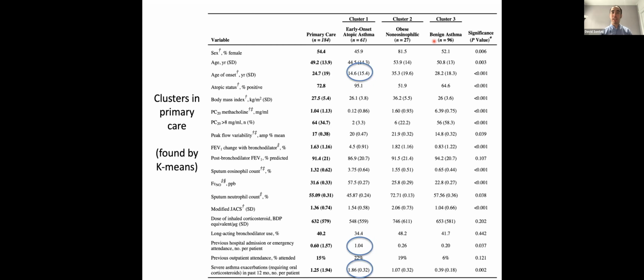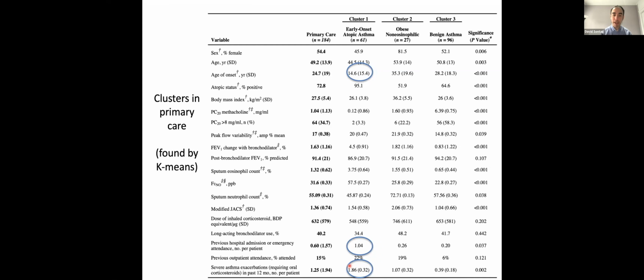The first thing that is immediately apparent is that in cluster 1, the age of onset of asthma is substantially smaller than in other clusters. In cluster 1, patients tended to develop asthma at roughly 14 years old, with a standard deviation of 15 years, compared to clusters 2 and 3, where patients tend to develop asthma in their 30s. We also notice that in cluster 1, on average, patients have had 1 previous hospital admission and almost 2 severe asthma exacerbations in the past 12 months.